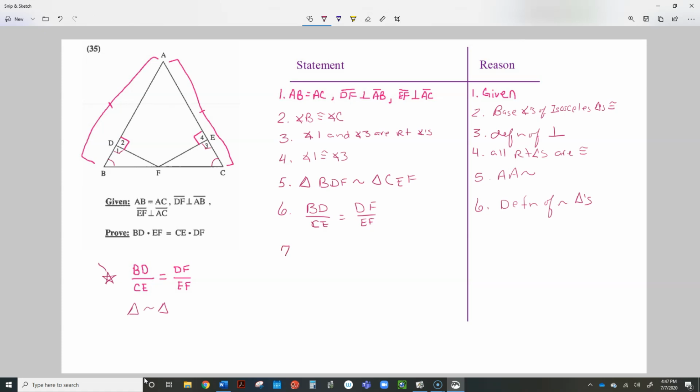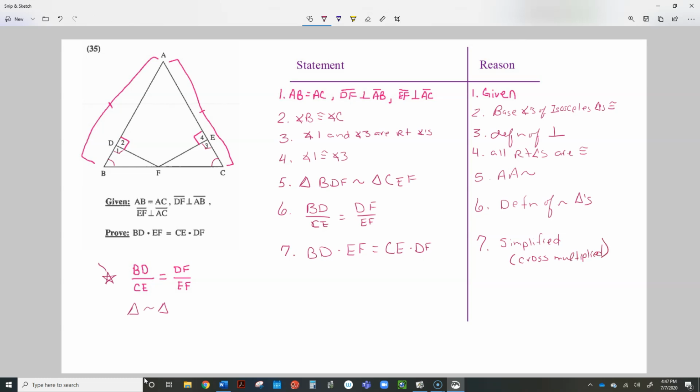And then after I say that, I can say I believe it's going to be the proof step that BD times EF is equal to CE times DF. And all I did right there was, I don't know, what did I do? I simplified, I cross multiplied, I would say simplified. Or if you want to say cross multiplied.